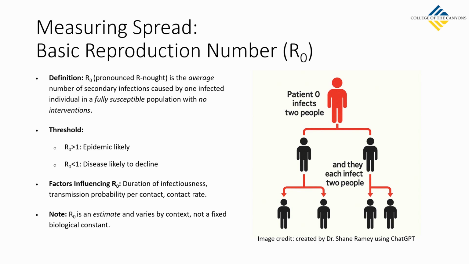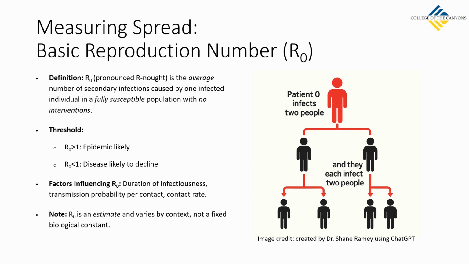And when the R naught value is greater than 1, an epidemic is more likely, because that means that an individual that is infected and contagious will essentially give the disease to one or more other individuals in the population. So the disease will spread in the population.